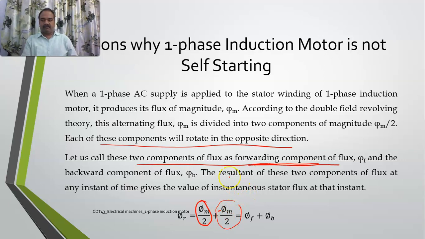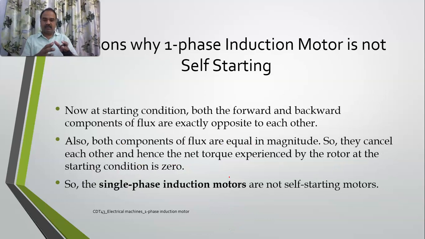The resultant of these two fluxes at any instant of time gives a resultant instantaneous static flux. If you carefully see, these two are equal to each other, but they are moving opposite to each other. Because of equal magnitude but opposite direction, they cancel out each other, and hence your rotor will not experience any torque, because the single phase supply has a positive and negative half cycle.